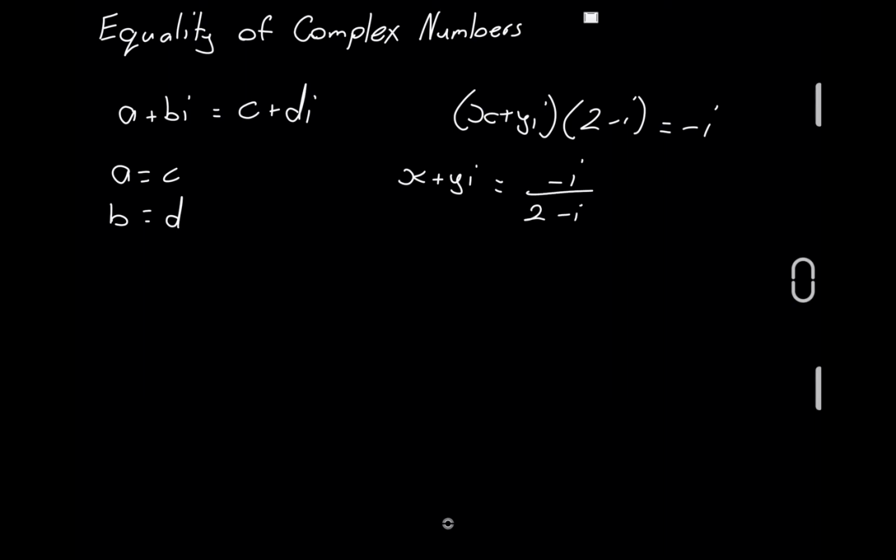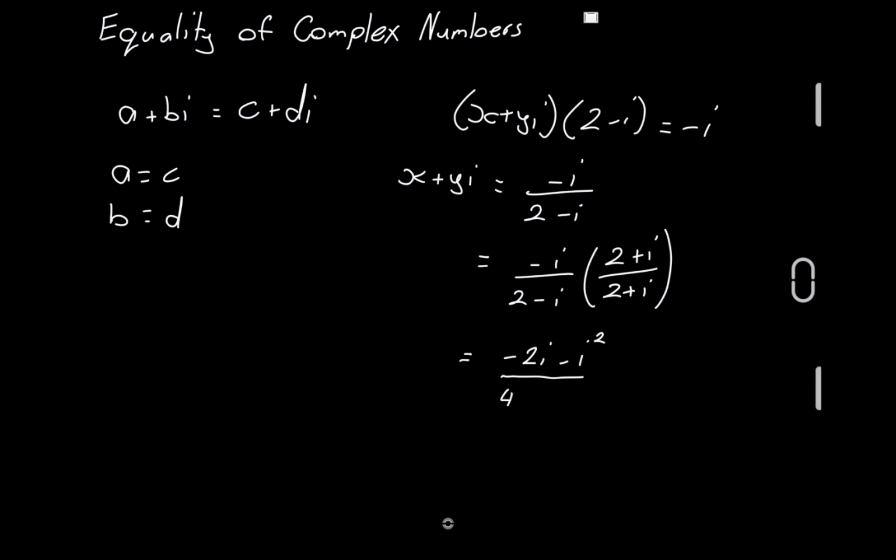What we can do is multiply this by its conjugate. So minus i divided by 2 minus i, multiplied by 2 plus i over 2 plus i, which means up the top we're going to have minus 2i minus i squared, divided by 4 minus 2i plus 2i, which just leaves us with 0.